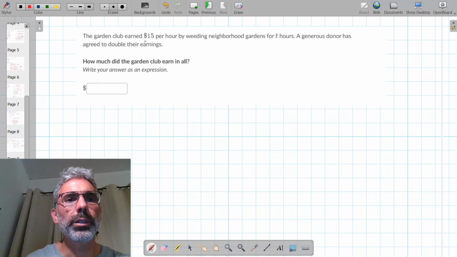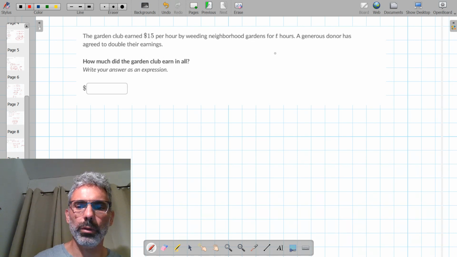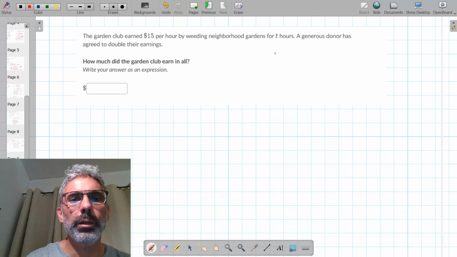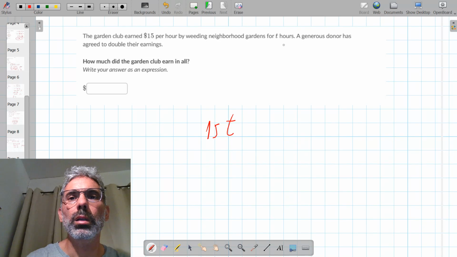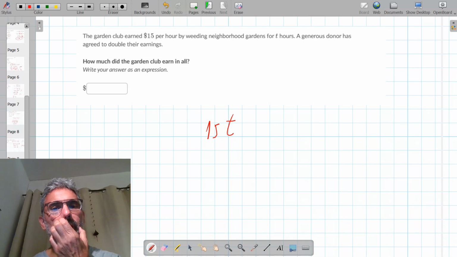The garden club earned $15 per hour by weeding neighborhood gardens for t hours. Okay, so the garden club earned $15 times t, the unknown number of hours that they have worked weeding. A generous donor has agreed to double their earnings.